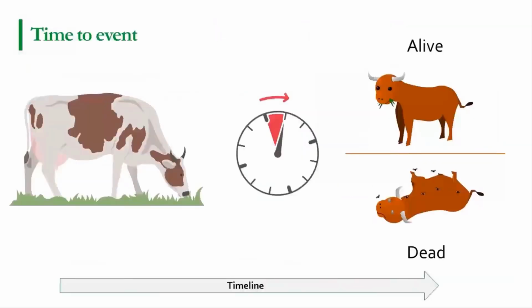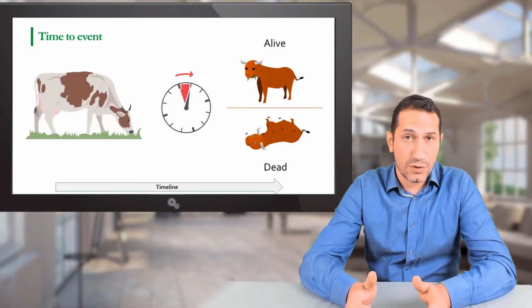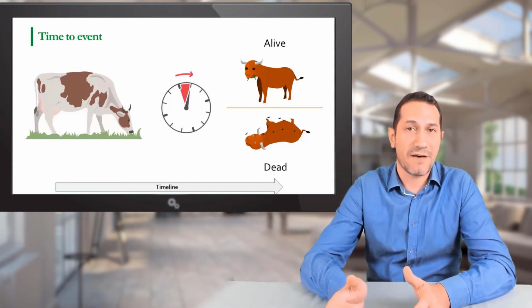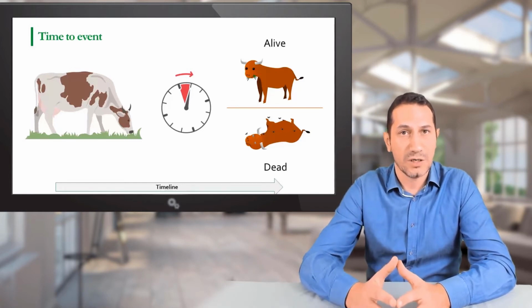A key parameter of interest in veterinary epidemiology is the time until the occurrence of an event such as death or infection or onset of a disease, or also good things like recovery from disease or giving birth, calving or lambing and so on.